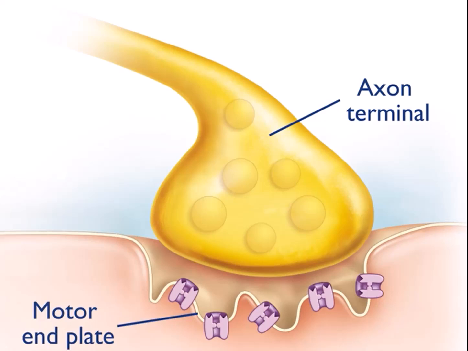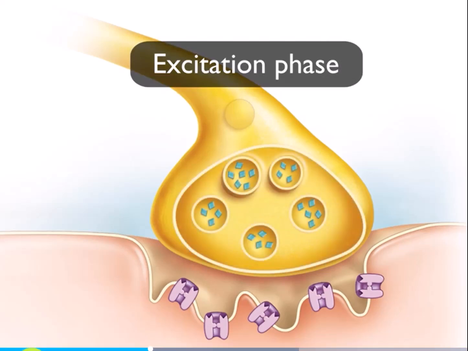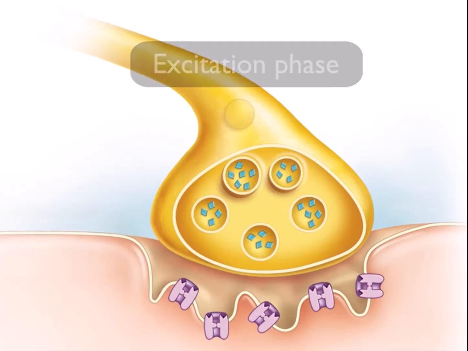Note that no physical contact takes place between the neuron and the muscle fiber. Instead, there is a narrow space between the two called the synaptic cleft. We will now look at the steps of the first phase of muscle contraction, called the excitation phase, in which a neuron stimulates or excites the muscle to contract.